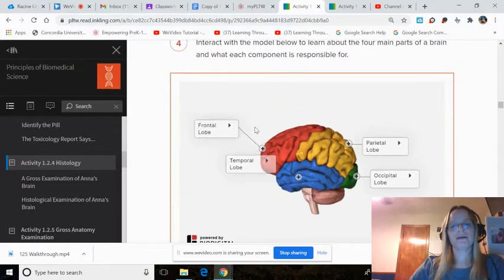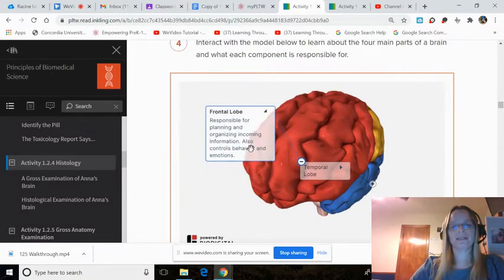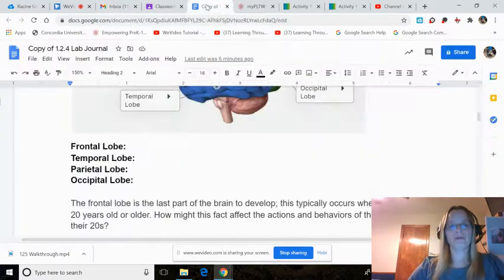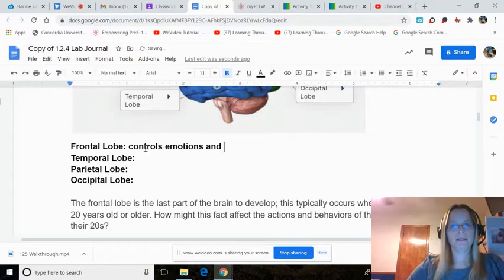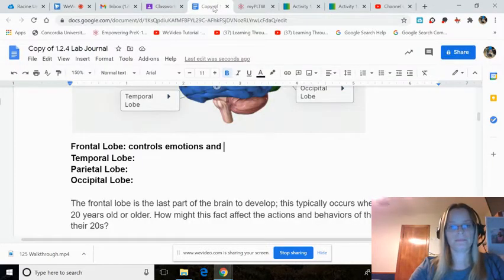So we have our frontal lobe, responsible for planning and organizing incoming information, controls behavior and emotion. So here we go, over here. Frontal lobe controls emotions and, I can't remember, behavior, responsible for planning and organizing information.